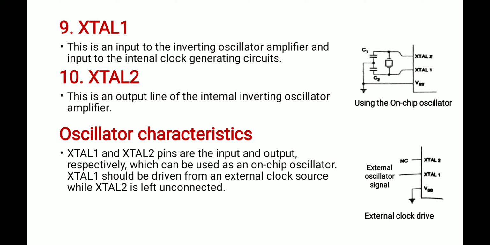XTAL1 and XTAL2 are the crystal connections, two pins for the crystal oscillator. XTAL1 is the input to the inverting oscillator amplifier, and XTAL2 is the output line of the internal inverting oscillator amplifier. The XTAL1 and XTAL2 pins are input and output pins respectively, so XTAL1 we use for the input and XTAL2 for the output.